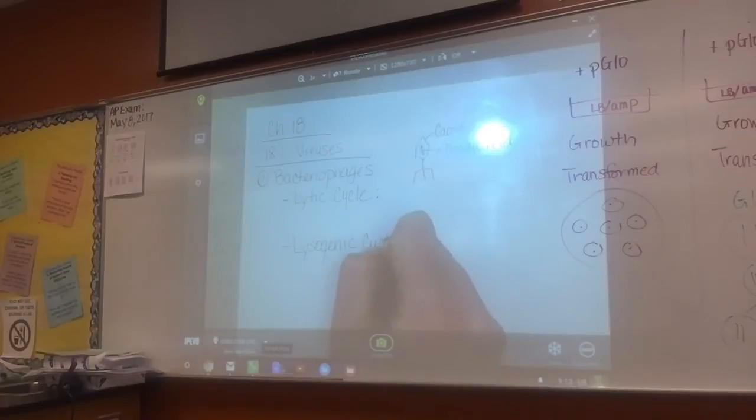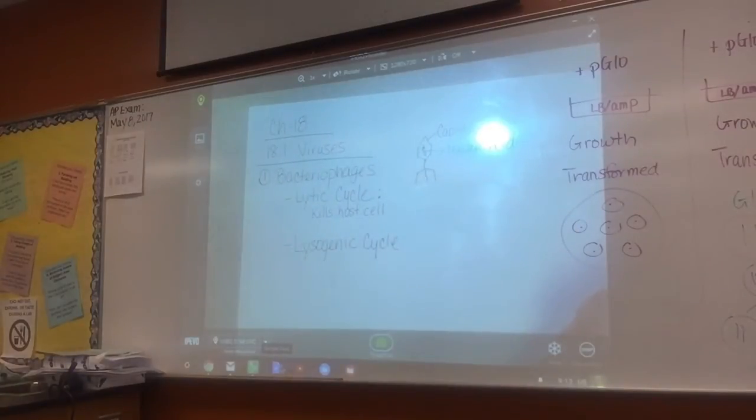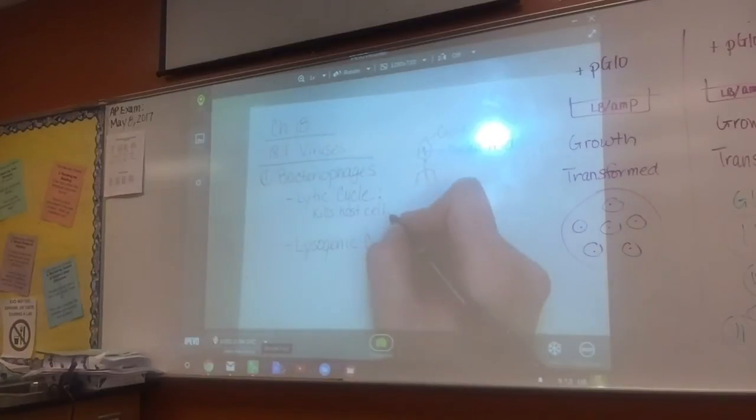Lytic. Yeah, the lytic here. So this one kills the host cell. Why is it important though? Why would the bacteriophage do this? As it kills the host cell, what has the host cell done for it first? Yeah, it made new viruses.